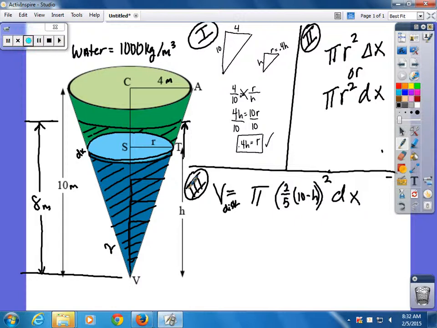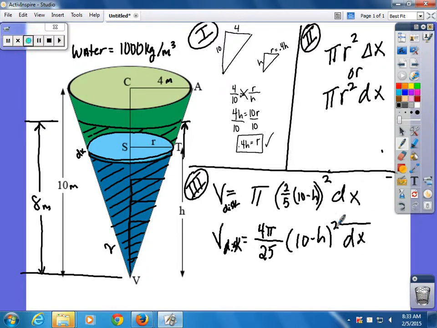So that would be 4 pi over 25 times 10 minus h quantity squared. So the volume of the disc is equal to 4 pi over 25 times 10 minus h quantity squared dx. And that's the volume of the disc.